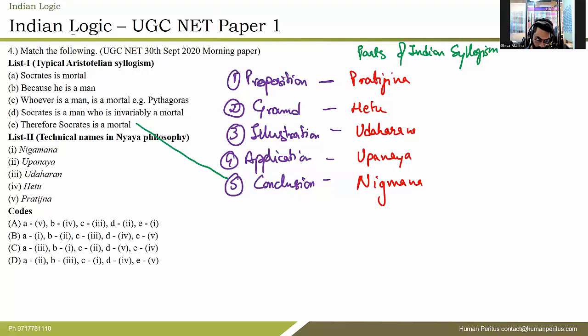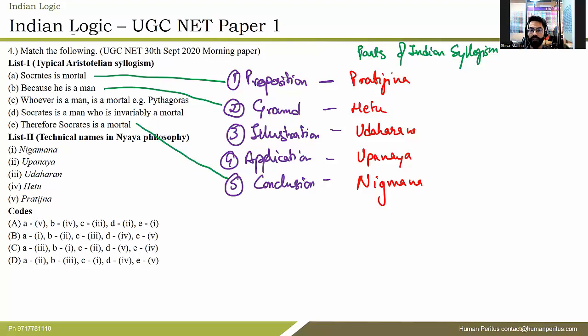Socrates is mortal. The first statement which they have given is a proposition, right? Why? Because he is a man. So you're making a ground for it. Then what they have said, whoever is a man is a mortal.